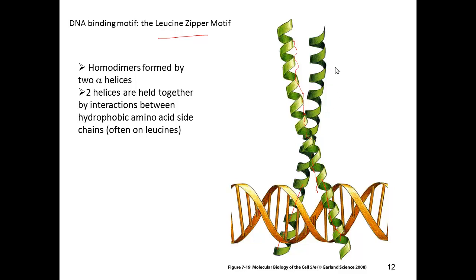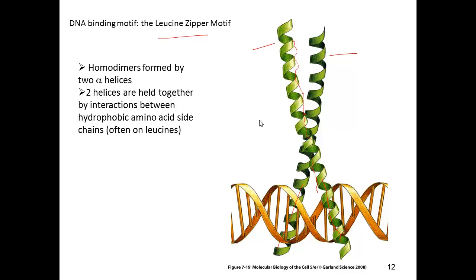Leucine is one of the smaller hydrophobic amino acids, although they're smaller, and they predominate on the interface between these two alpha helices. That's true whether these two helices are homodimers from the same subunit, or heterodimers, meaning that the two helices belong to two separate proteins.